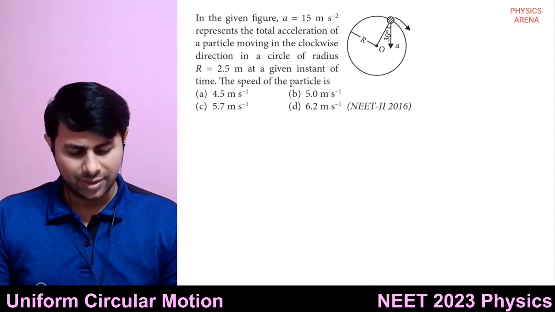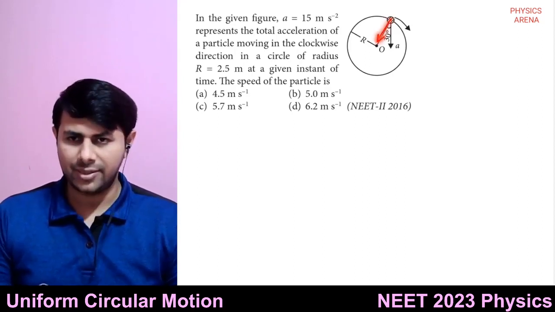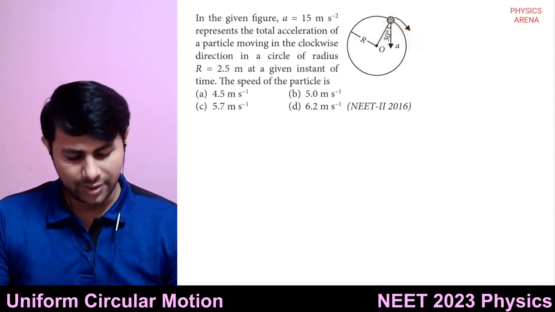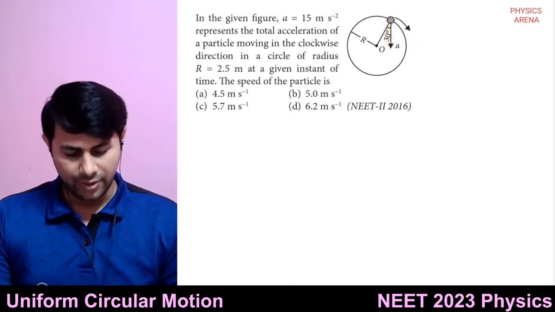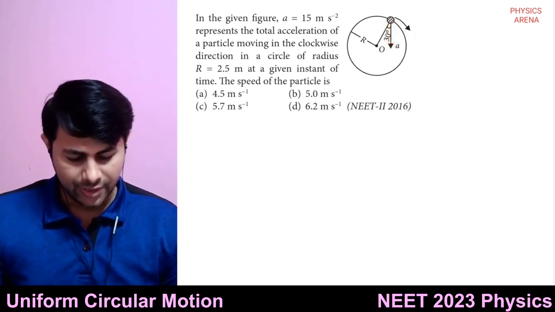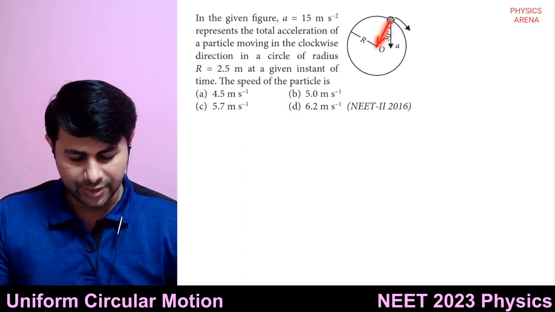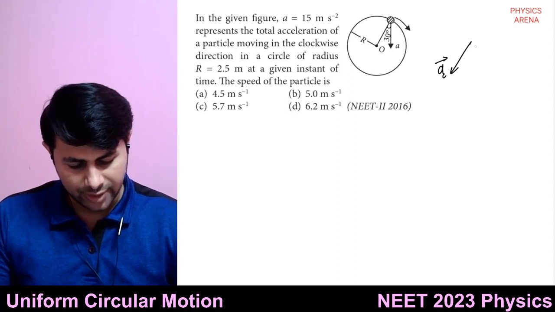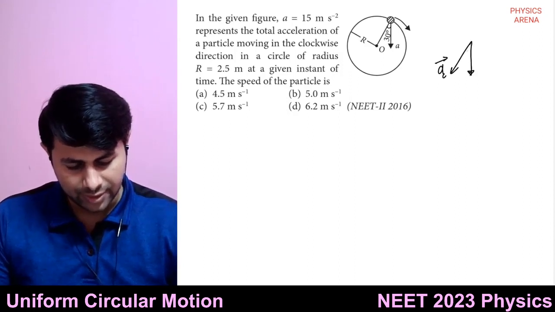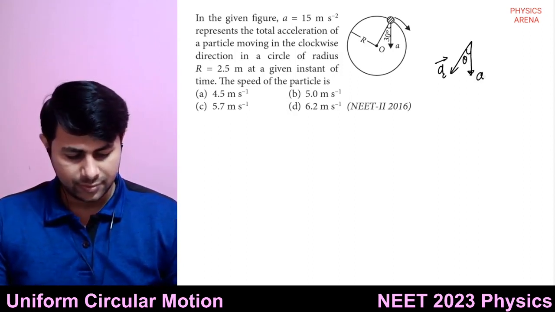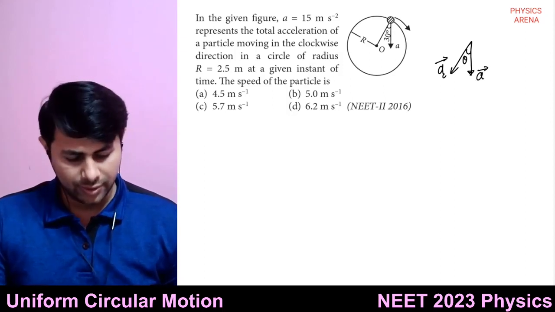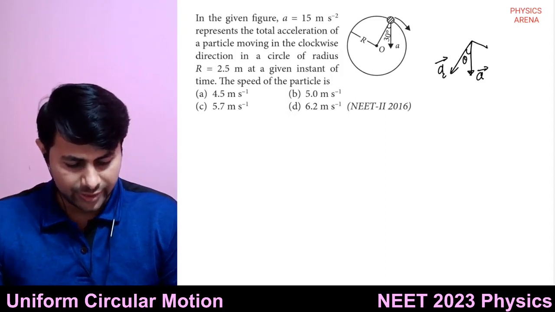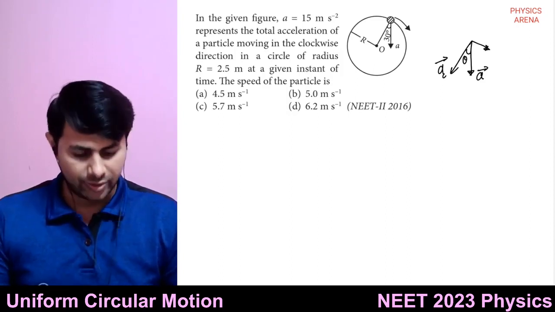It's total, right? It's not directed along the radius, so not centripetal, not directed along the tangent, so not tangential. It is total acceleration. If the angle between the centripetal acceleration AC and the total acceleration is theta, we are just resolving A bar into two perpendicular components.